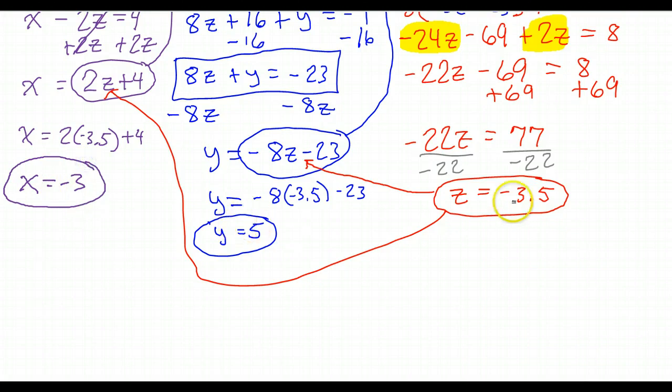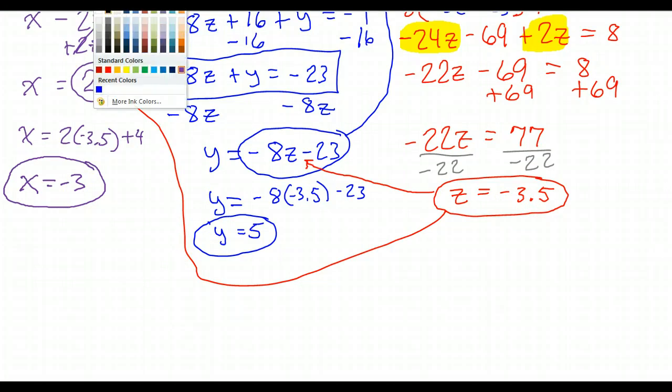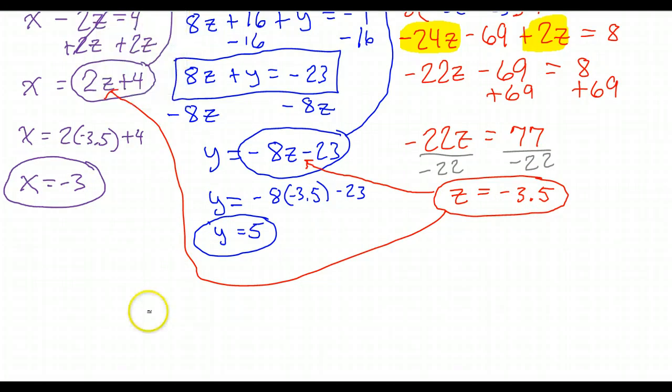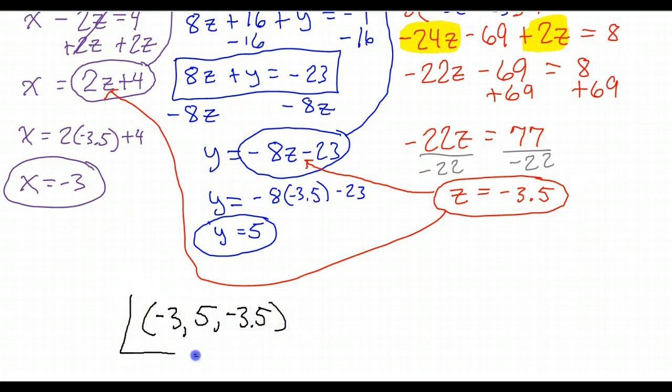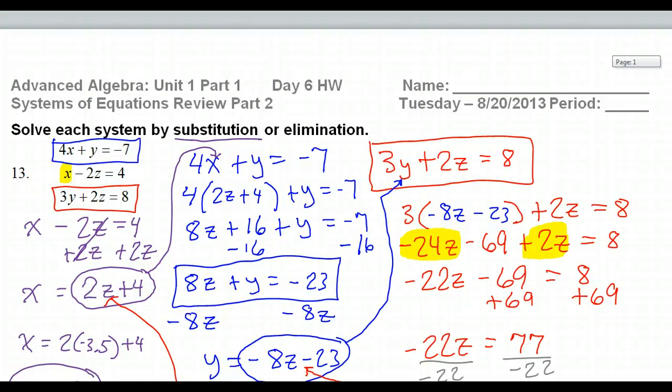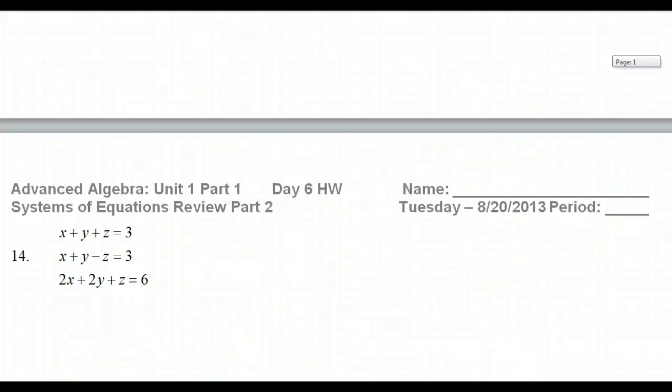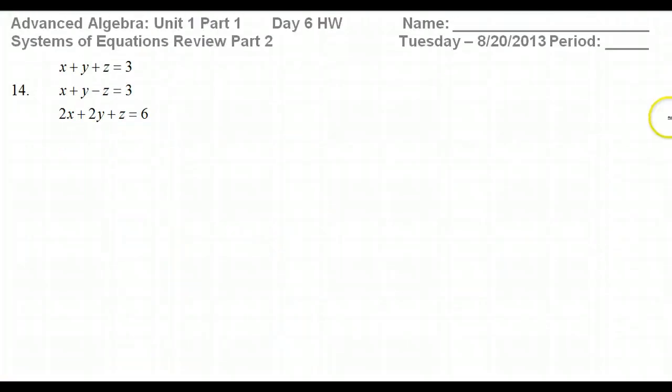All right, now we found all 3 solutions, all 3 values. So let's go ahead and record the final answer as an ordered triple. It will be in the form (x, y, z). So this would be how you would write the solution for number 13.